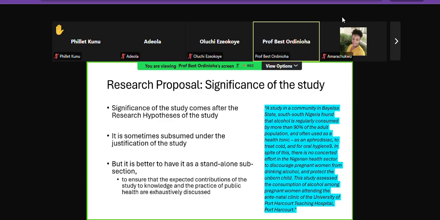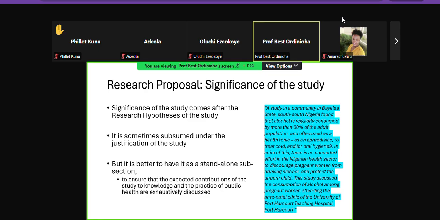So the next now will be the significance of the study. Remember, the significance of the study is sometimes confused with the justification of the study.